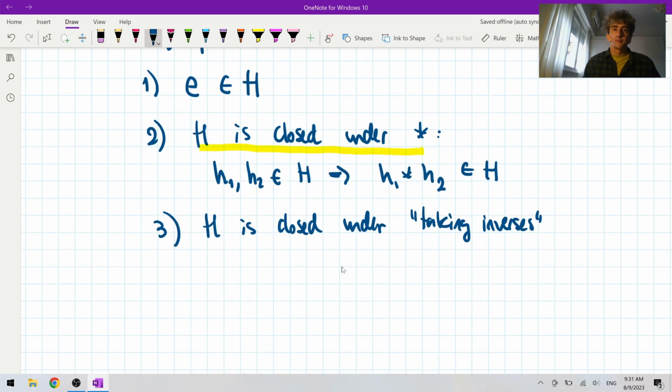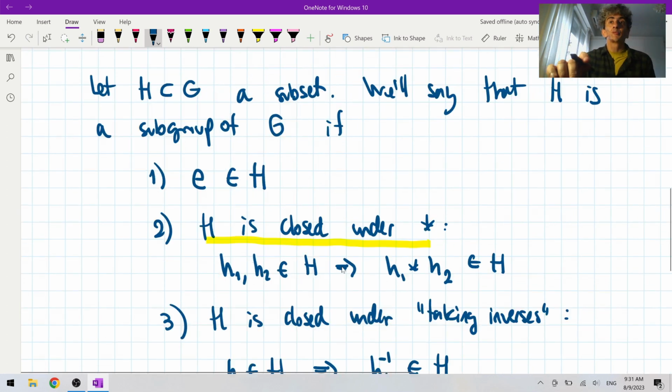This means that whenever little h belongs to the set H, then the inverse with respect to the operation star also belongs to H.